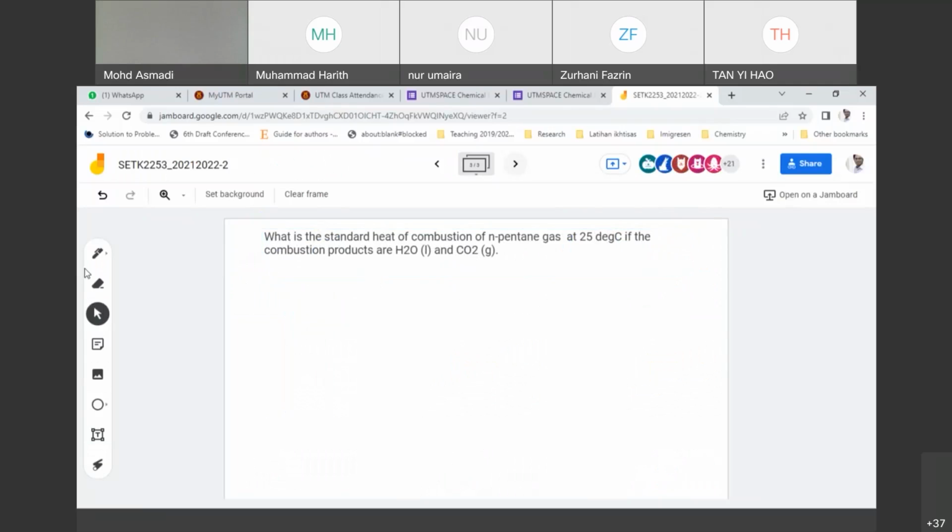So what you have to do is write the equation, right? So n-C5H12 plus O2 gives CO2 plus H2O.